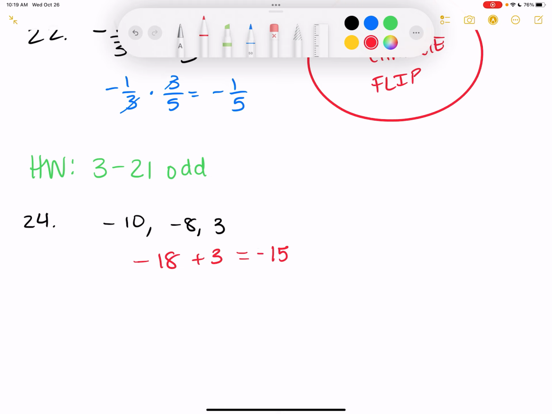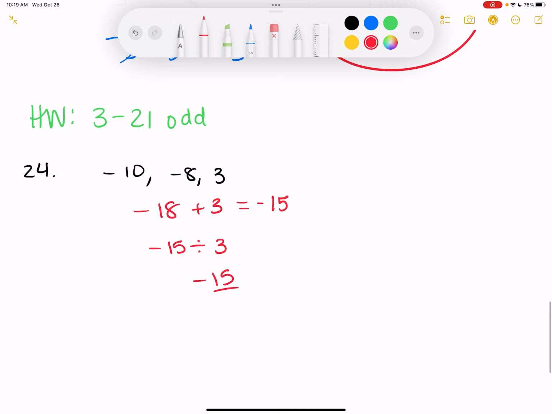So -15, and then we had 3 numbers, so we're going to do -15 divided by 3, which would be what? -5. Yep. So the mean of those numbers is -5.